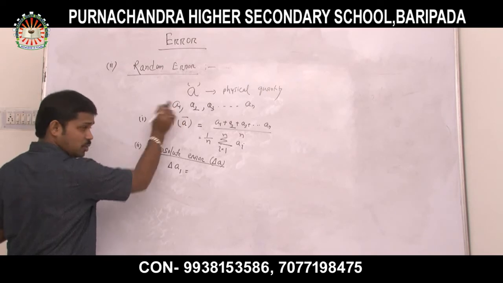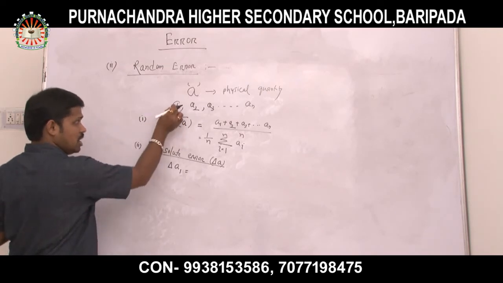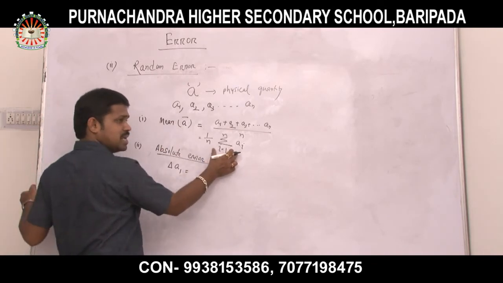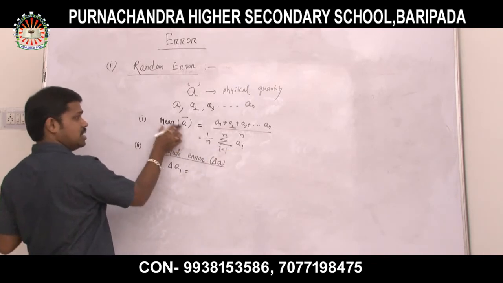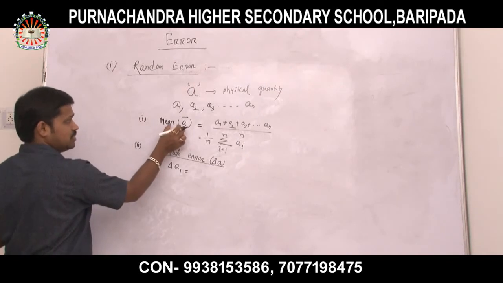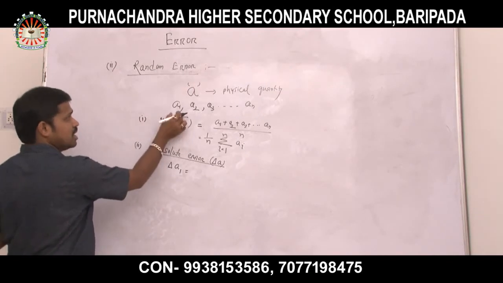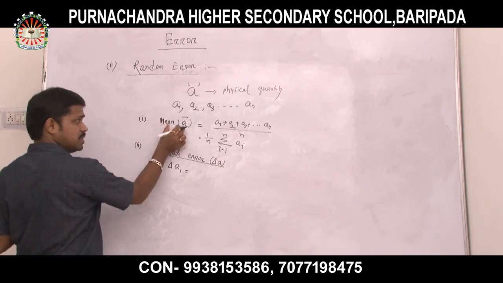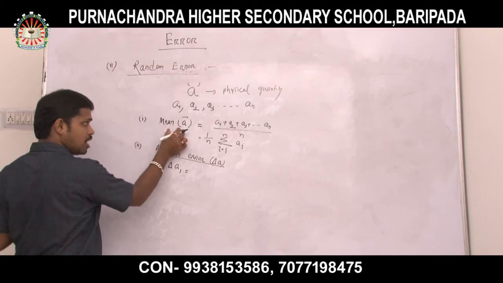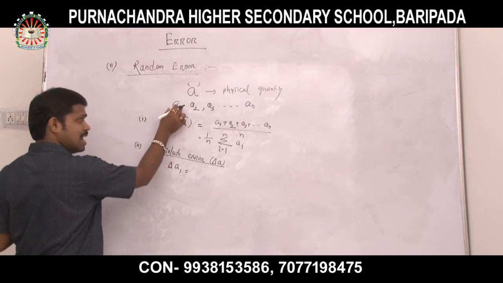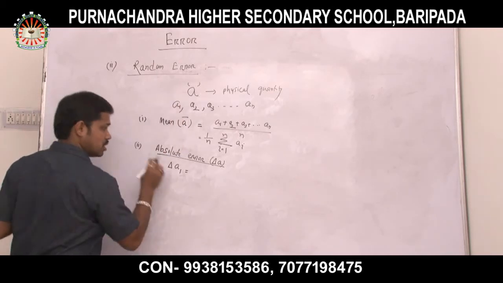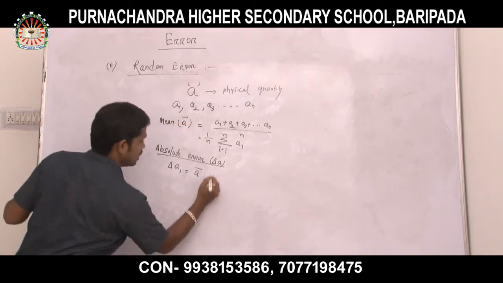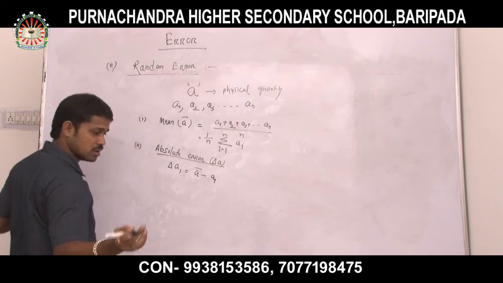It is the difference between the mean, let us take the mean as the true value, and the measured value. So del A1 is equal to A bar minus A1.